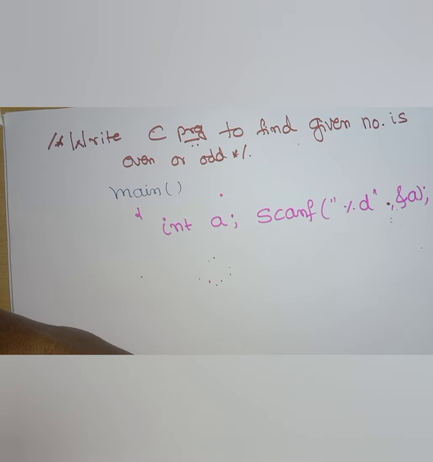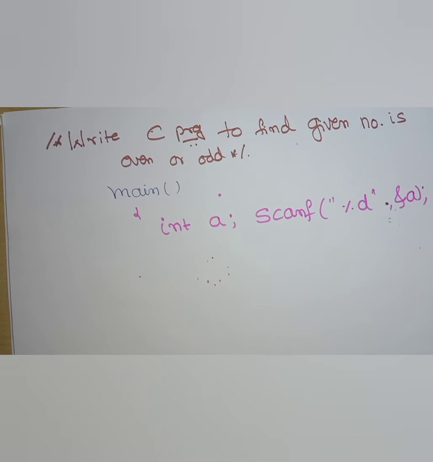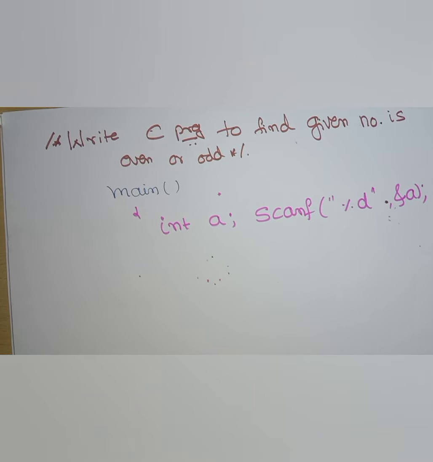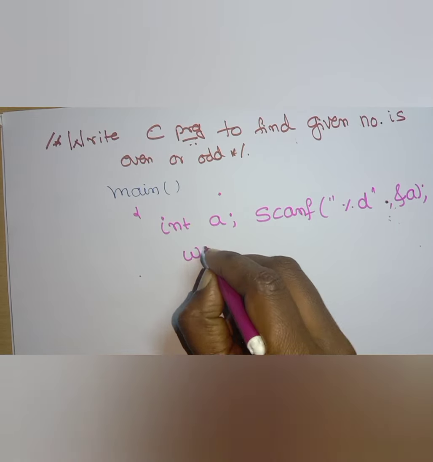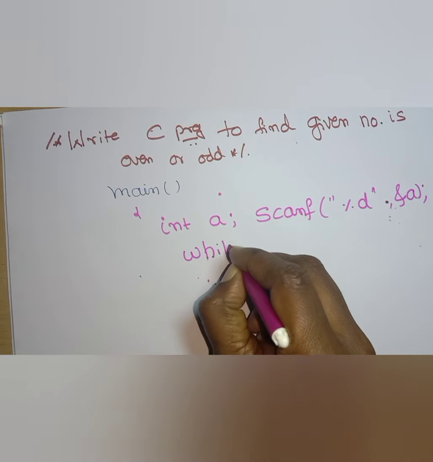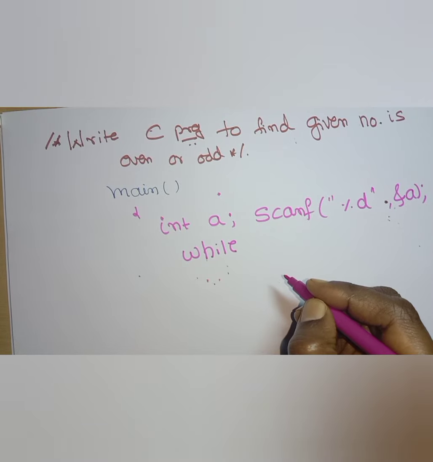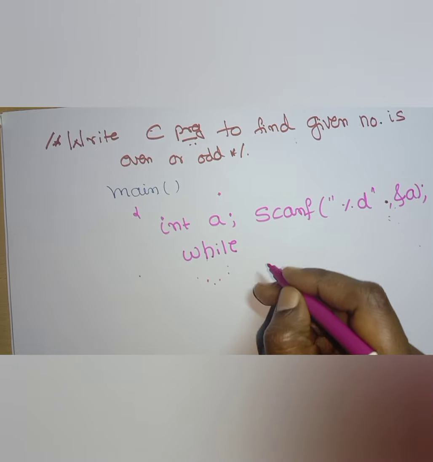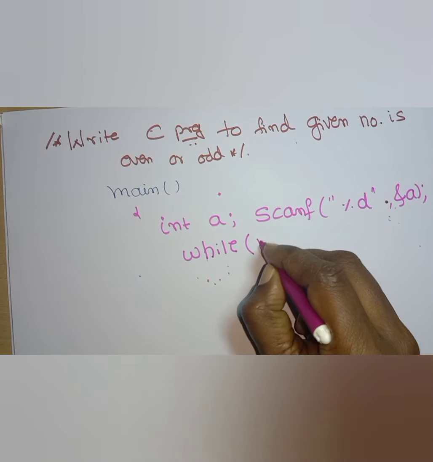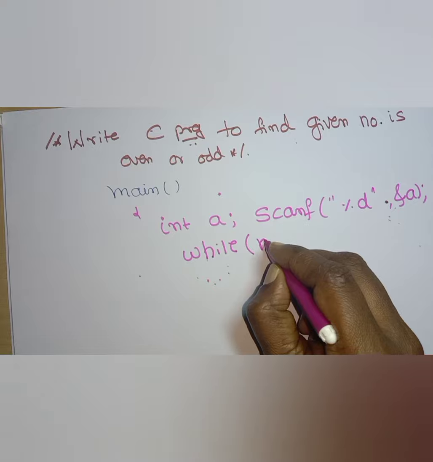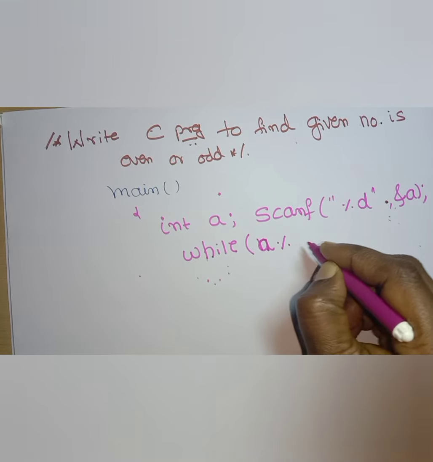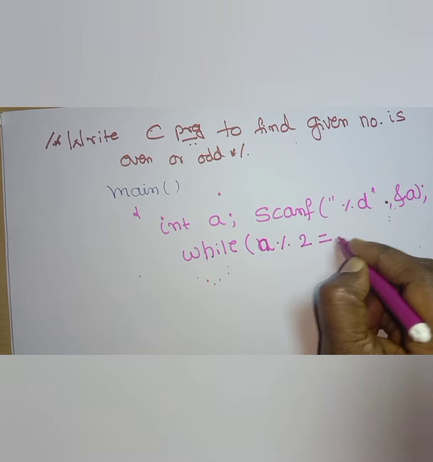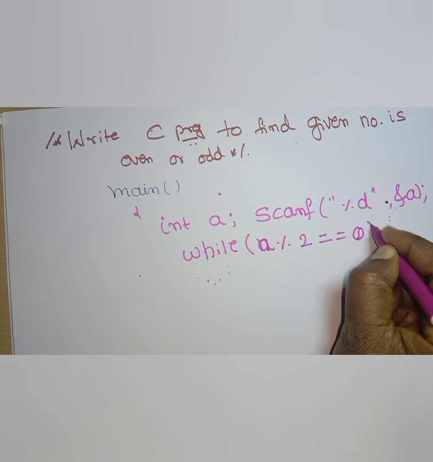How do we check whether the given number is even? If the remainder is equal to 0, then we say that the given number is even. So that is why I am writing this here. Then you have to think which statement I have to use. Before entering the loop, I have to decide that a modulo division by 2 is equal to 0. Correct?